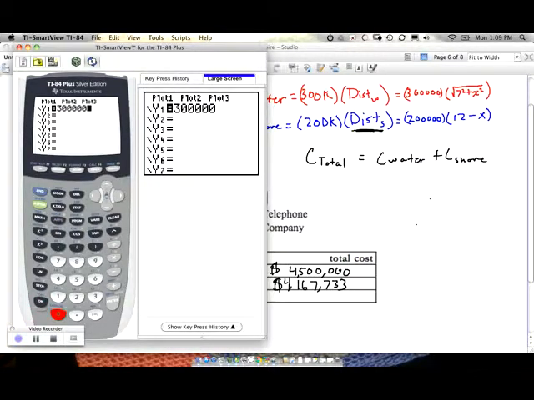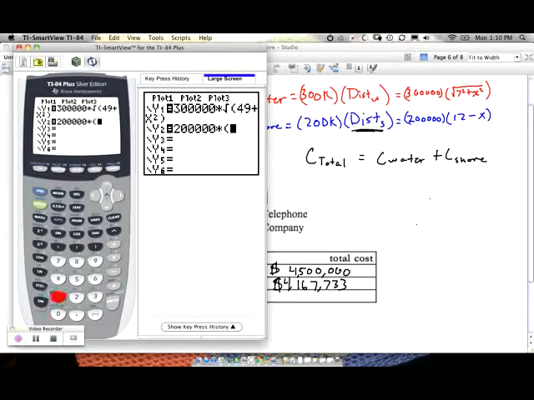We got square root, second square root of 7 squared is 49 plus x squared. Okay. Now for the other one, it's 200,000 is the cost per mile times, now we've got to put this piece in parentheses. The other one we didn't really need to because it was built into the square root. But this is going to be 12 minus x.